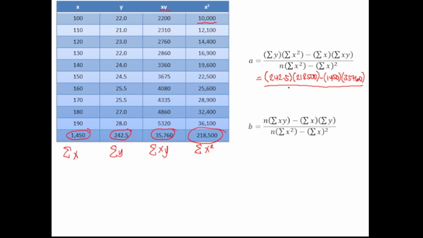Over n. So, n natin po, ilan ba to? 1, 2, 3, 4, 5, 6, 7, 8, 9, 10. So, n is 10. So, 10 times summation of x squared, ito po, so 218,500 minus square ng summation of x. So, ito ay 1,450 square. Press po natin sa ating calculator.